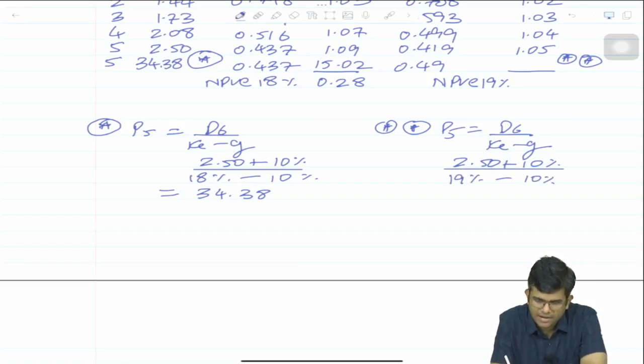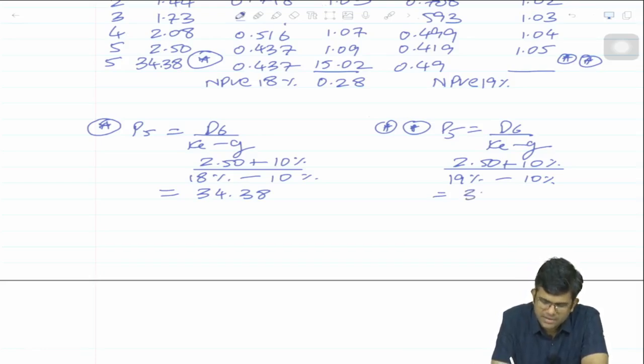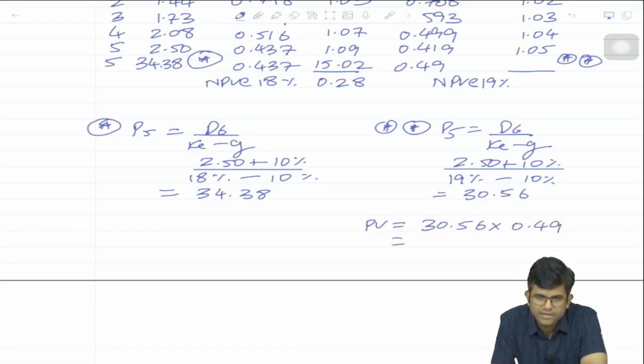So 2.5 plus 10% divided by 9%, correct, 30.56. 30.56 is P5. Can I say present value will be 30.56 into 0.49? Everyone clear?